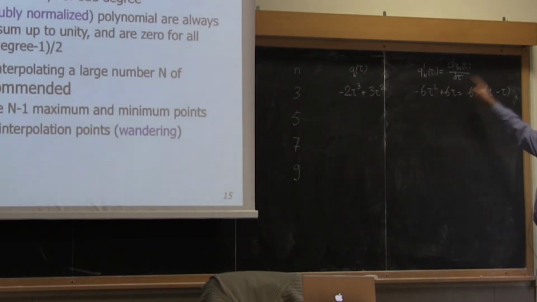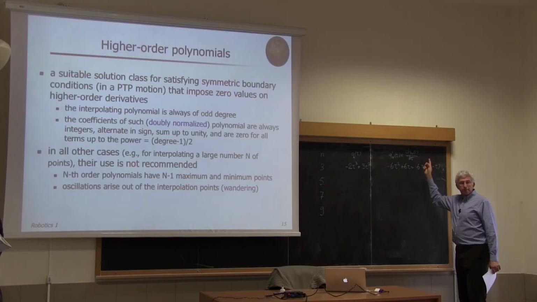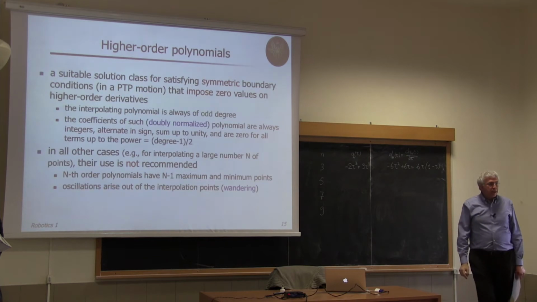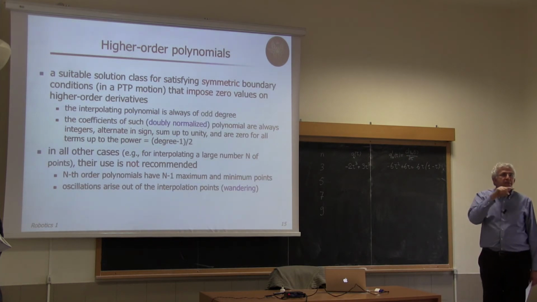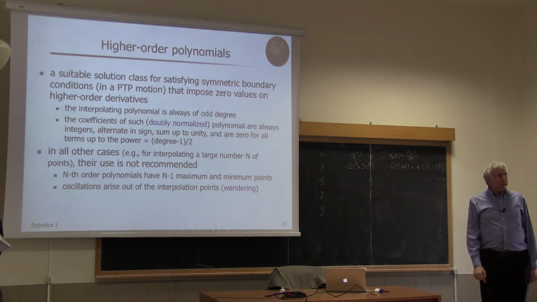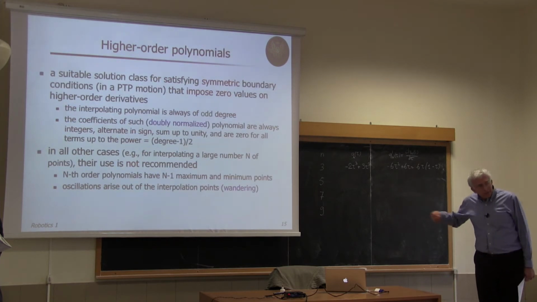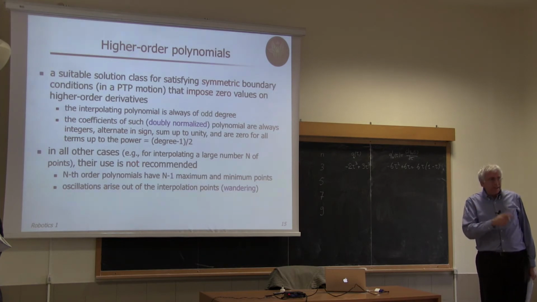Okay, and then you can compute also the second derivative, and so on. So in a pretty easy form. And then you can evaluate, for instance, the maximum first derivative of this and the maximum second derivative, where it is and what is its value.